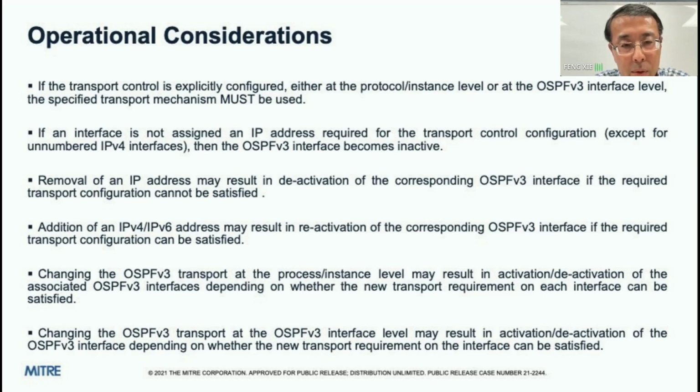In our design, we also need to consider changes of IP address. An IPv4 address can be added and removed from an interface, right? And the control of the transport mechanism can be turned on and off at a different level. So we have enhancements to handle these different cases.